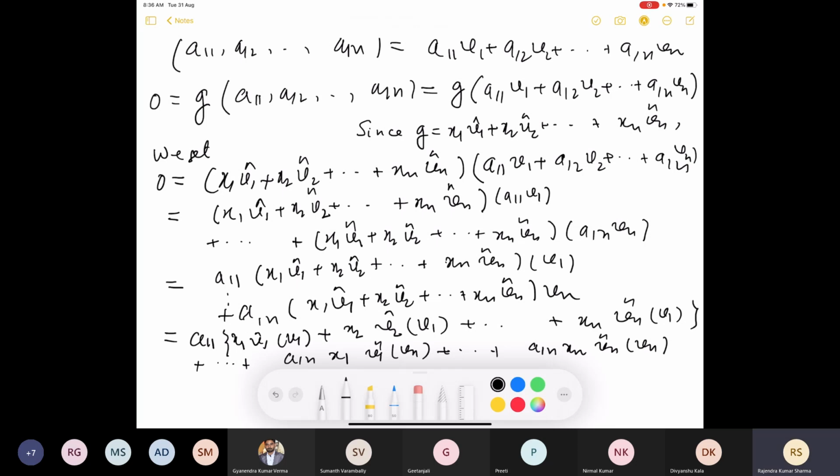So what you can see here is that because of the property that vi hat vj is delta ij, this is 1 when i and j are equal and 0 when i and j are distinct. So the first bracket will consist of only one term, namely the first one. So this will be a11 x1 and all others will be 0.